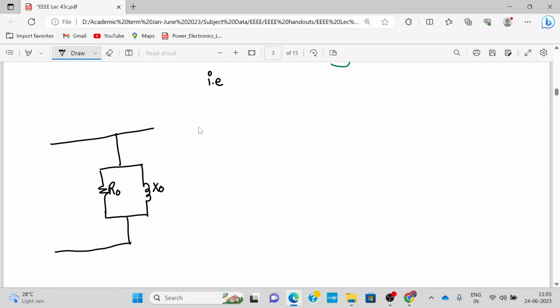and then the winding resistance R1, and then we can club together R2 dash. Then we have X1, we can club it with X2 dash.